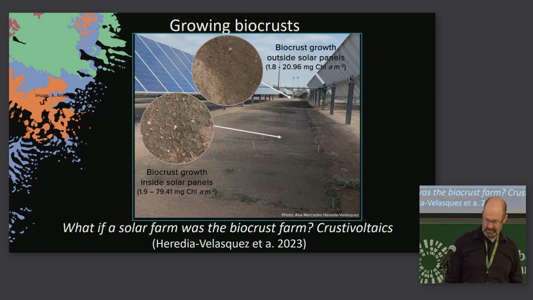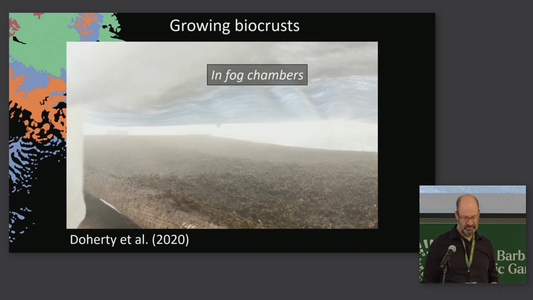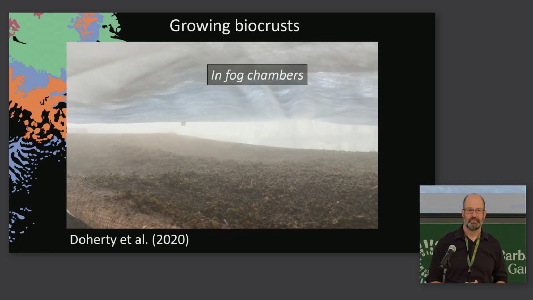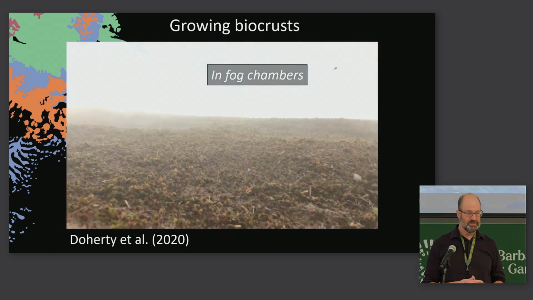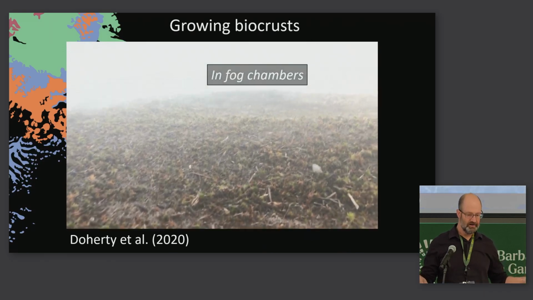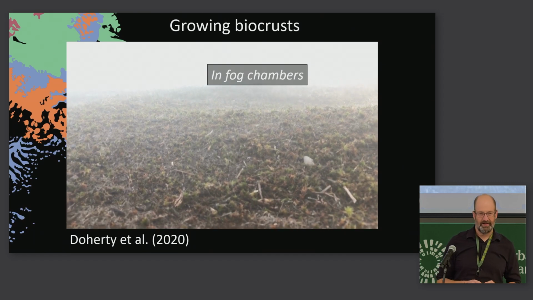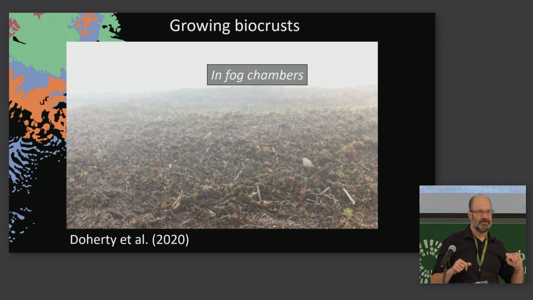And then this one is one that was developed in my group. This one we're specifically using for biocrust mosses. So we can grow moss basically just using fog. We don't even need soil, we just grow them on cloth. And because they're so good at grabbing that fog with those little hairs, they grow wonderfully in this environment.